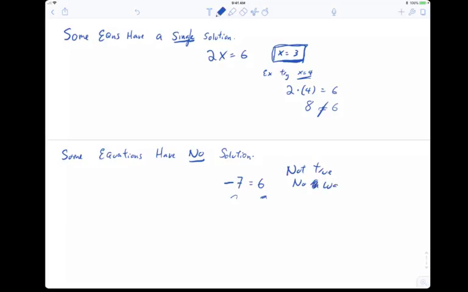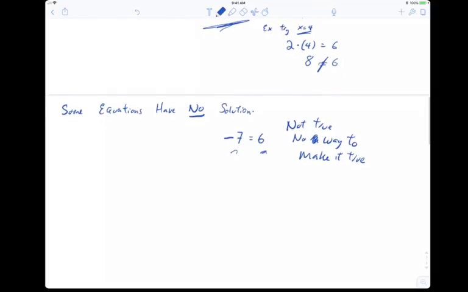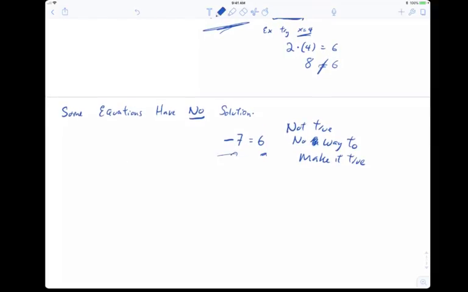No way to make it true. Okay? So some equations have one solution. There are some equations that have 2 or 3 solutions. Some equations have no solutions. And some equations have an infinite number of solutions.